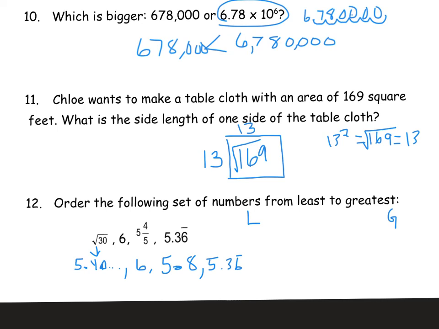So the least amount, if I'm looking at all of this in money, would be 5.36 repeating. That would be the smallest. The next value would be the square root of 30. And the next value would be 5 4/5, because that's $5.80. And finally, $6 would be the greatest value.